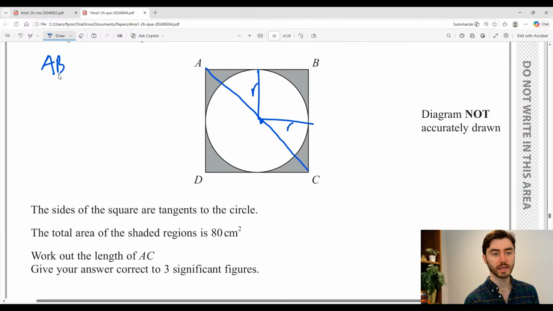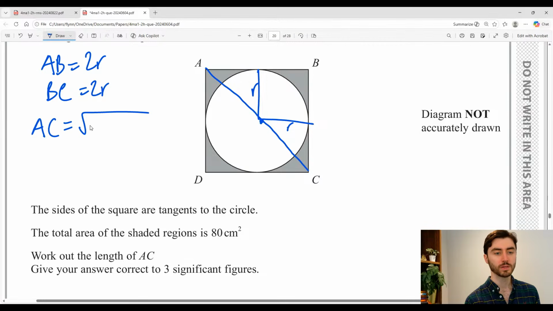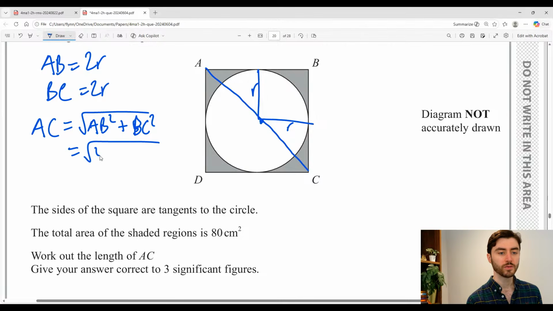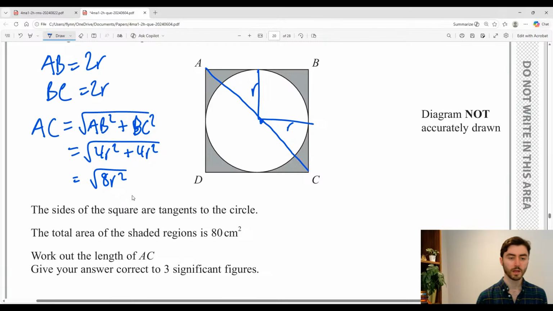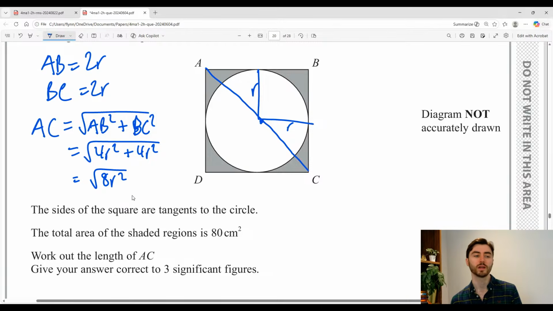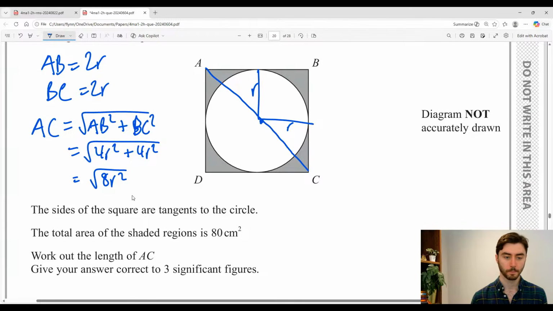So AB is going to be twice the radius, and BC is going to be twice the radius. And by Pythagoras, AC is the root of AB squared plus BC squared, which is the root of 4r squared plus 4r squared, which is the root of 8r squared. So if we can work out the radius, we can work out the length of AC.